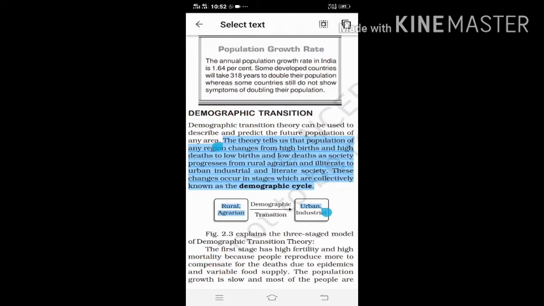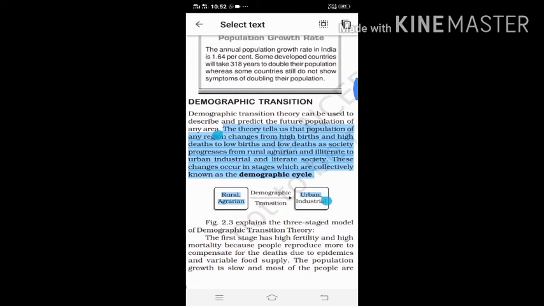So what is given here? Here it is given demographic cycle is a theory that tells us when the population moves from high birth rate and high death rate to low birth and low death rate. Why? Because technology is improving and people are getting educated. So when people move from high birth and high death rate to low birth and low death rate, from rural areas to urban areas.